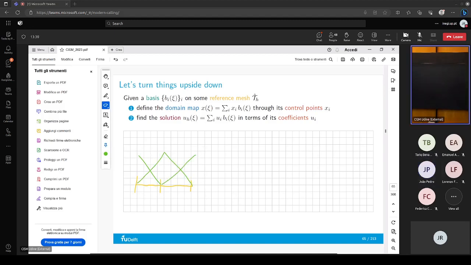and this one. Then we define, and here you see this looks very much like the solution approximation that we had before. We just defined a domain map. You could say it's a push forward. That should be blue through the control points. Okay, let me put X1 here. Ah, no, should be a different color.